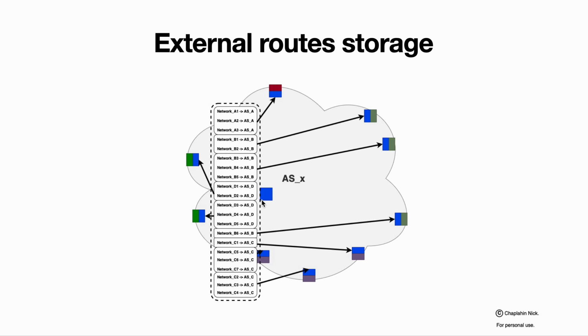So each device within an autonomous system should contain this information, manage, look up, and periodically update it, plus routes to those boundary routers.